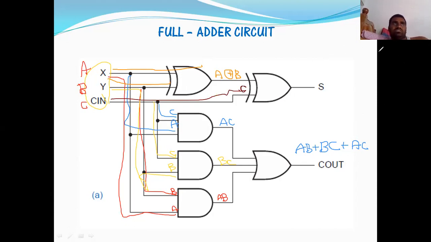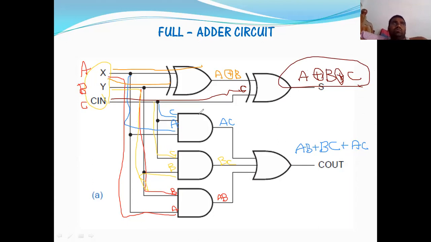The output is like this: A XOR B XOR C. So this is the sum output of this full adder.